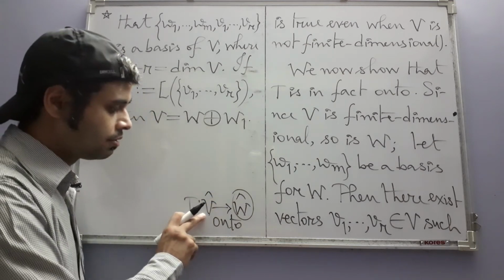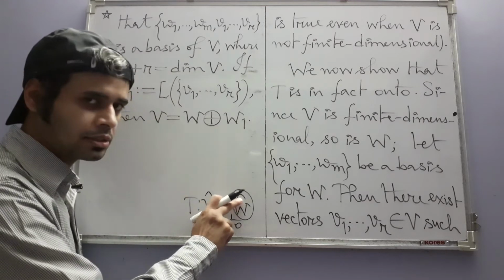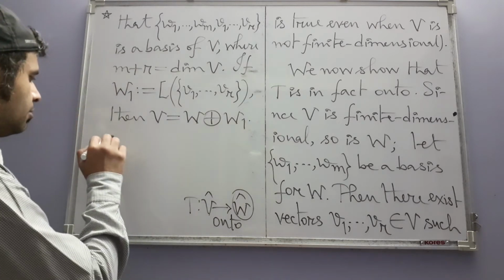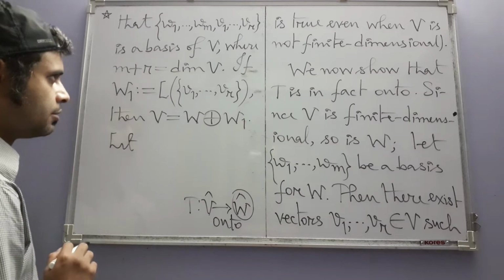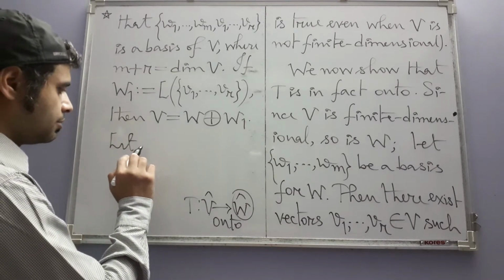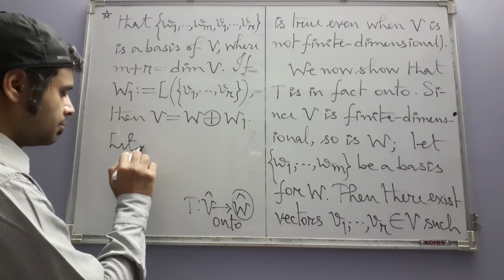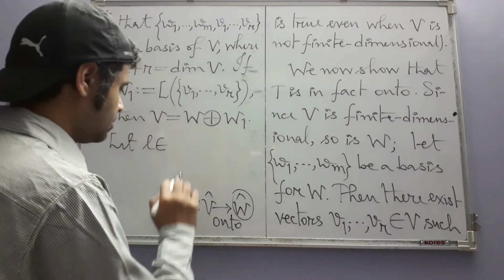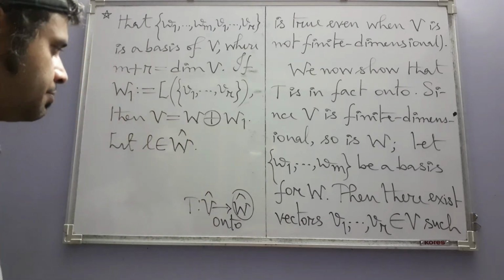So we have to now produce that something. So let us first take an element here. What can we take? F, G, H, K, I, J. Let's just take anything, say L.